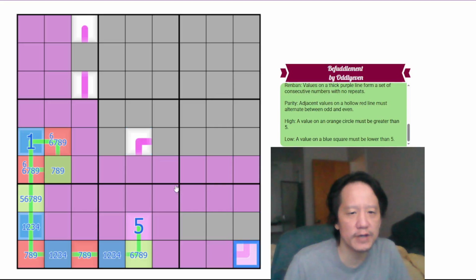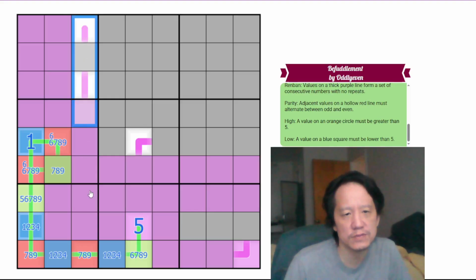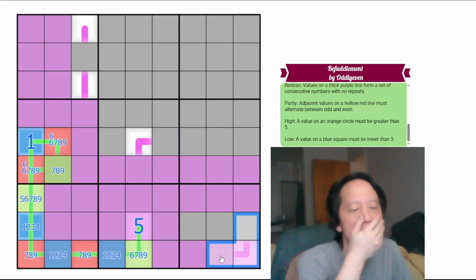So we have Renban here and here. And then here. That's 4 digits. 4 digits here, 3 digits here. 3 digits here, that's 10. But does that tell us anything? Not particularly.